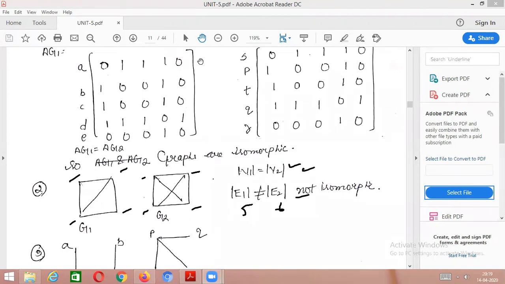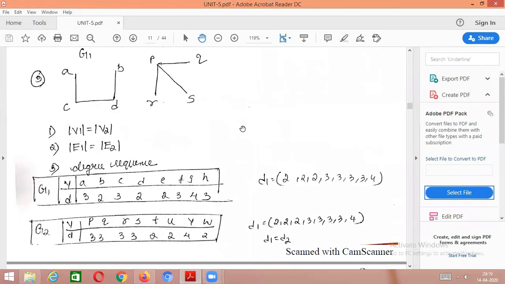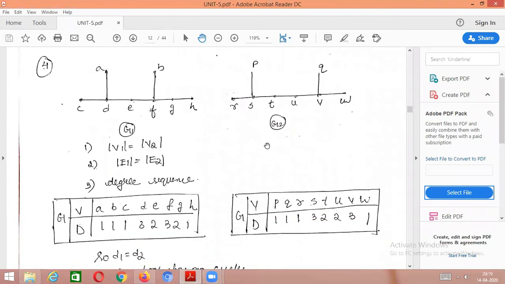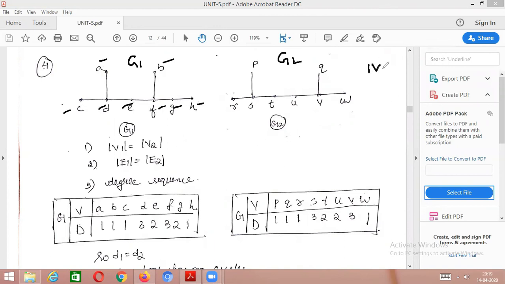Next we see one more. See this fourth one. How many vertices here? Assume the first graph as G1 and the second as G2. So 1, 2, 3, 4, 5, 6, 7, 8. So the first graph V1 has 8 vertices.